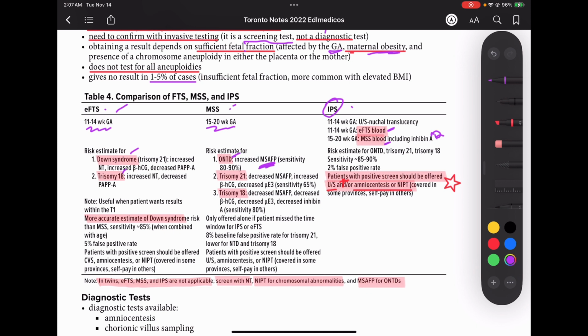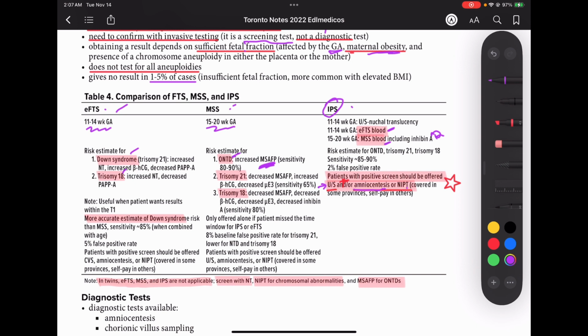Any patient with a positive screen should be offered an ultrasound. So we're going to go for ultrasound, and we have to add either amniocentesis or NIPT, depending upon how positive the screen is. If it is very high values, very indicative, then we directly go for diagnostic, which is amniocentesis.